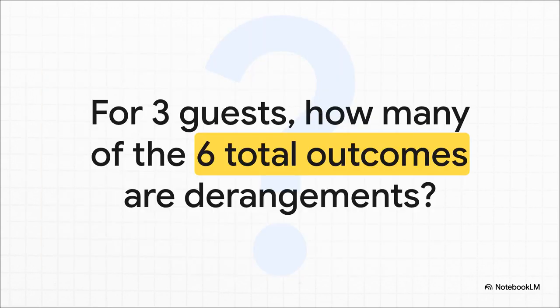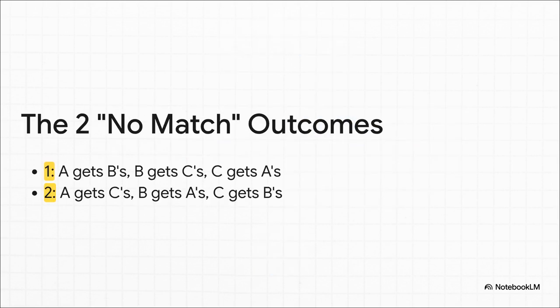Okay. So let's apply this idea to our puzzle. We already figured out there are 6 total ways to hand back the hats. That's our 3 factorial from earlier. Now all we have to do is figure out how many of those 6 possibilities are actual derangements, where guests A, B, and C all get someone else's hat. If we just list them out, it's pretty easy to see with a small group like this. There are only 2 ways it can happen. In one case, the hats rotate one way.